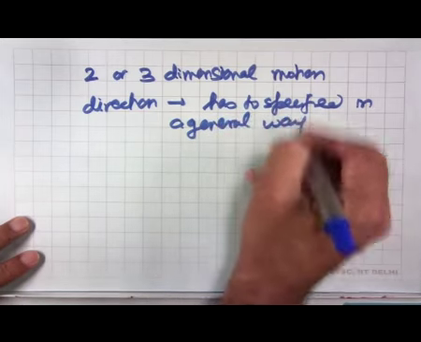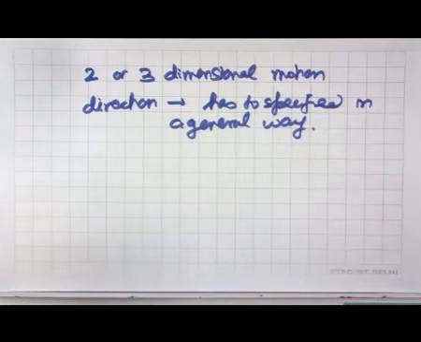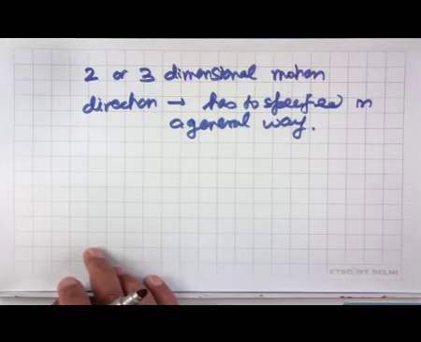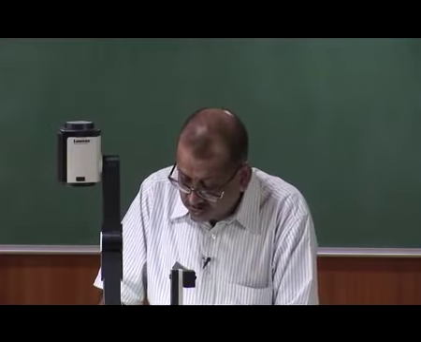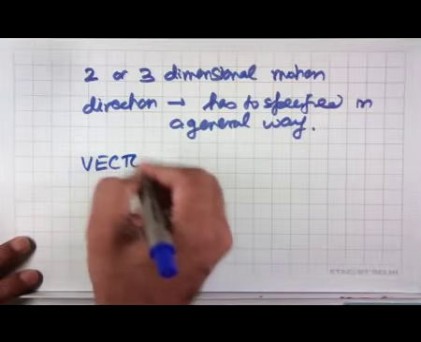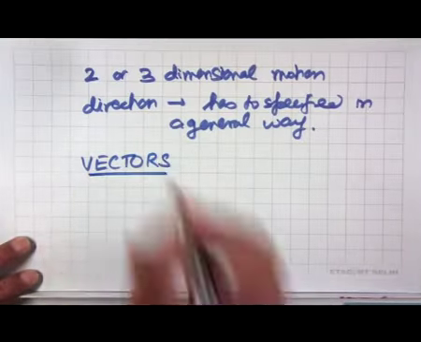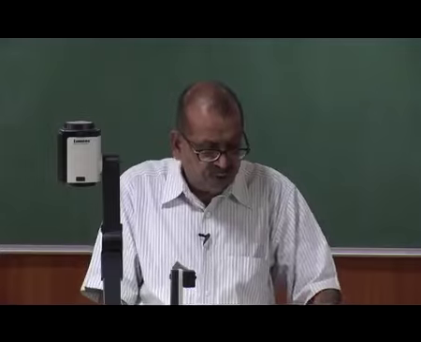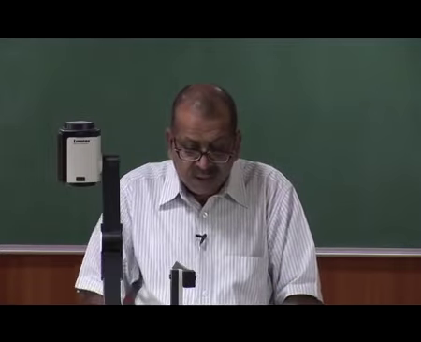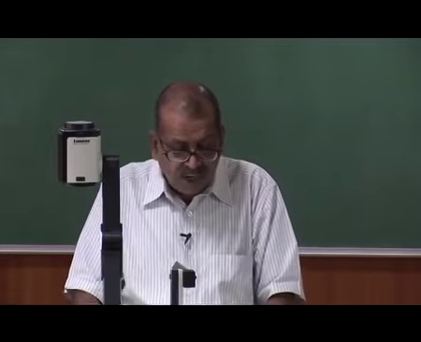In 1 dimensional motion, the direction was specified by the plus or minus sign, but now it has to be a general way, and this we do using quantities called vectors.